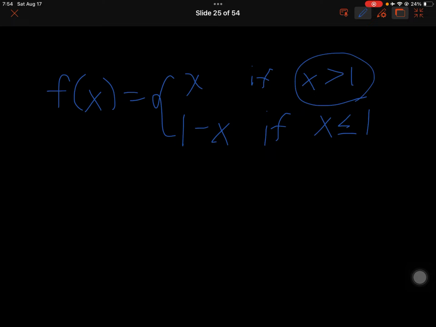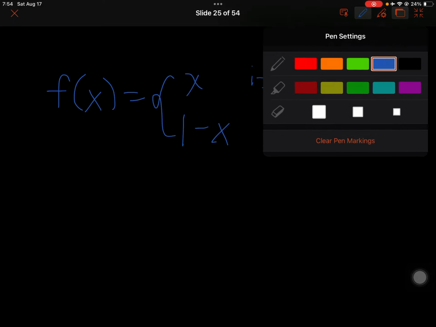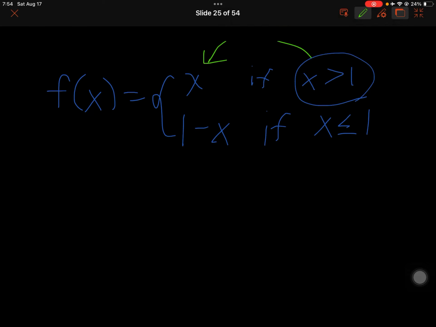If x is 100 or greater than 1, we are going to use this equation. But if the value of x is less than or equal to 1, for example 0, -1, -100, negative 1.01, we're going to use the one below.